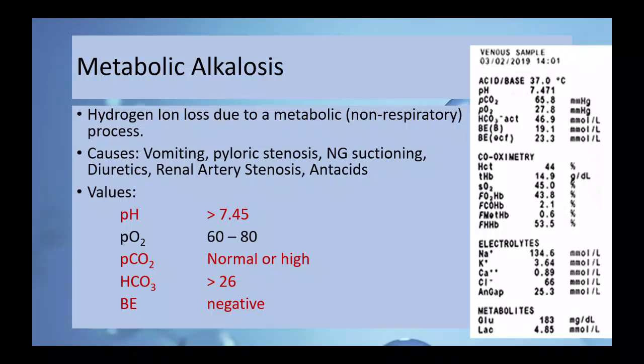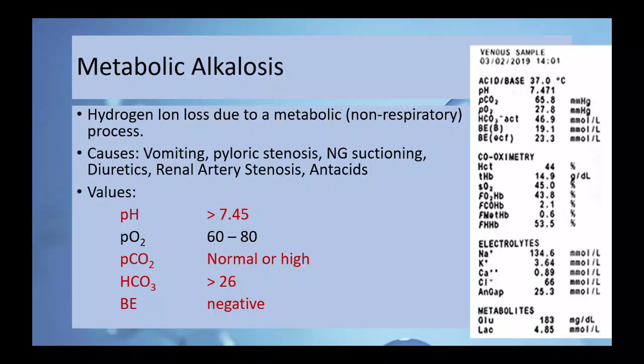So if you notice in the sample, the pH is 7.47. The PCO2 is 65. Now, that's step one and step two. Step two tells us that if the CO2 is high, the pH should be low. That's not the case here because it is a metabolic problem that's creating this alkalosis.